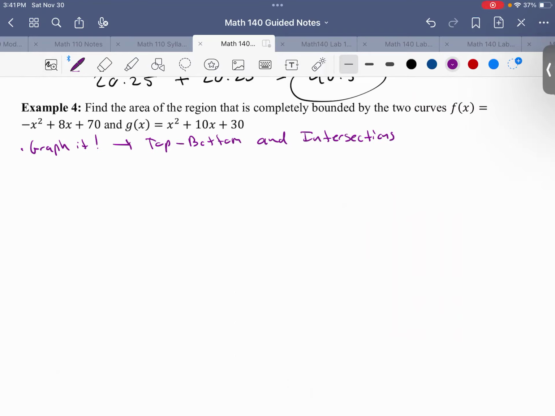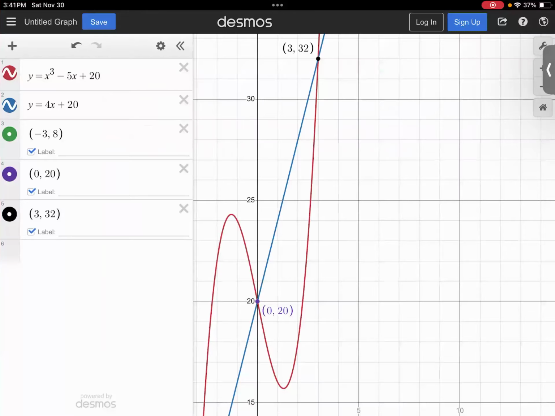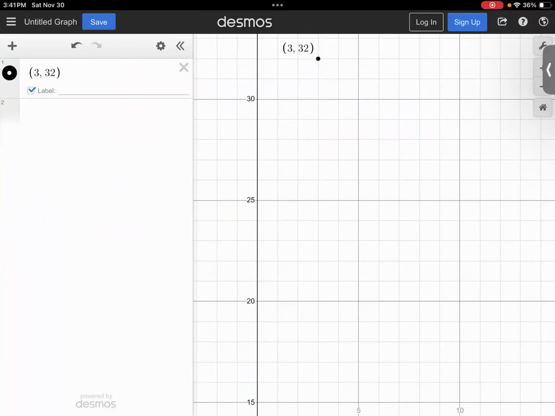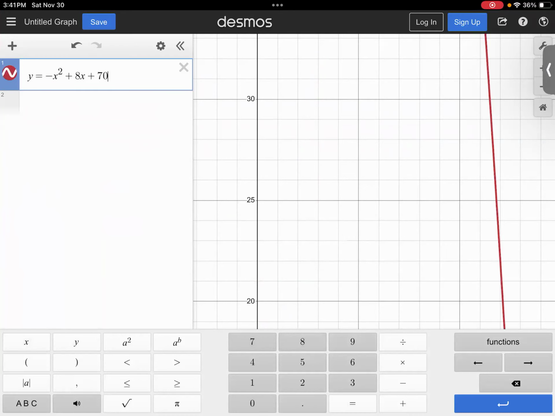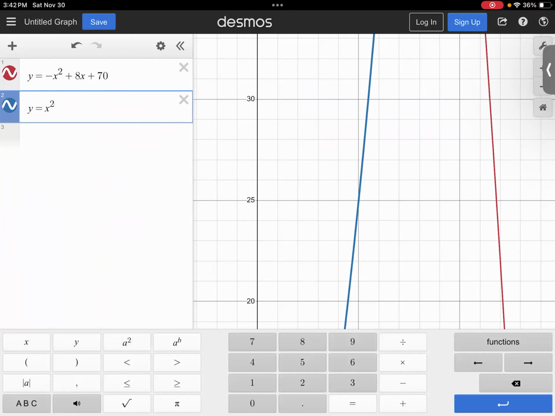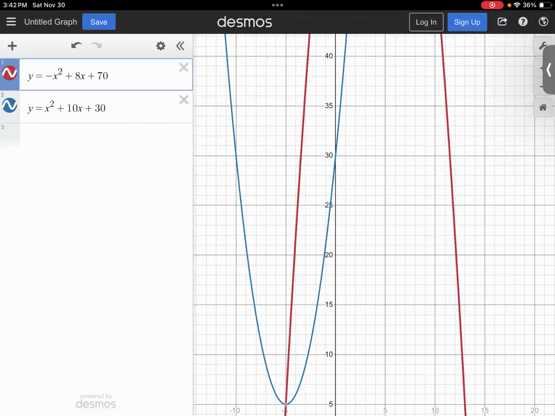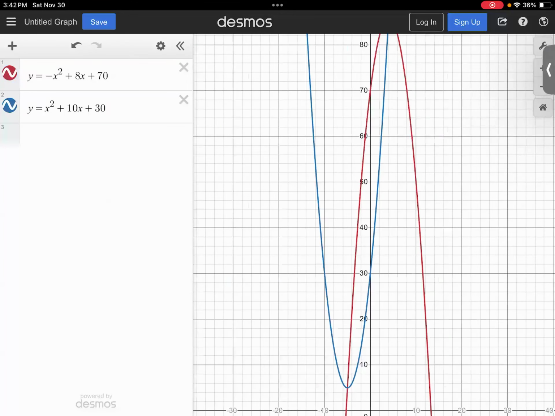Let's go to Desmos to graph this. Let me exit out of all of these and graph the functions: y equals -x squared plus 8x plus 70, and y equals x squared plus 10x plus 30. Let me zoom out a bit.